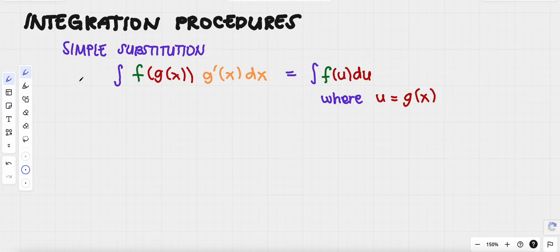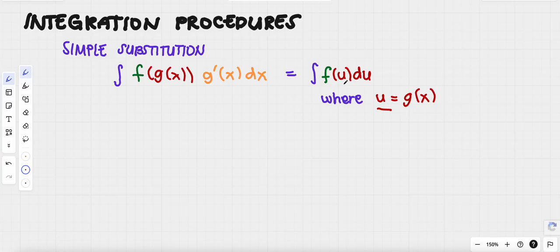Alright, so how do we define simple substitution? We define this as: the indefinite integral of f of g of x times g prime of x dx is equal to the integral of f of u du, where u is equal to g of x.